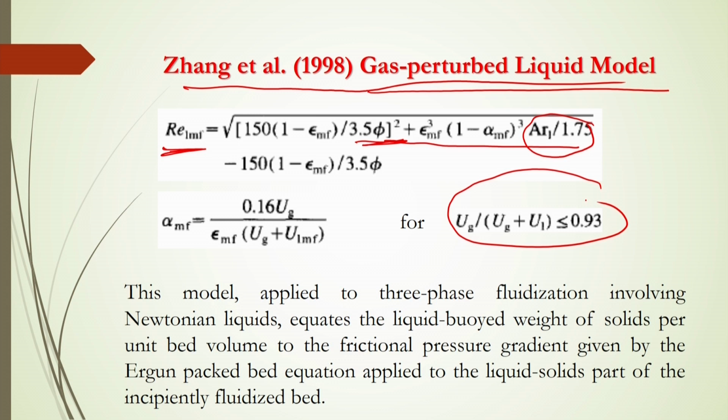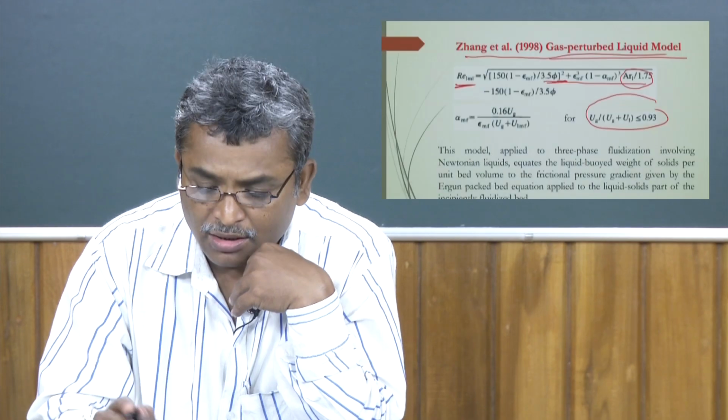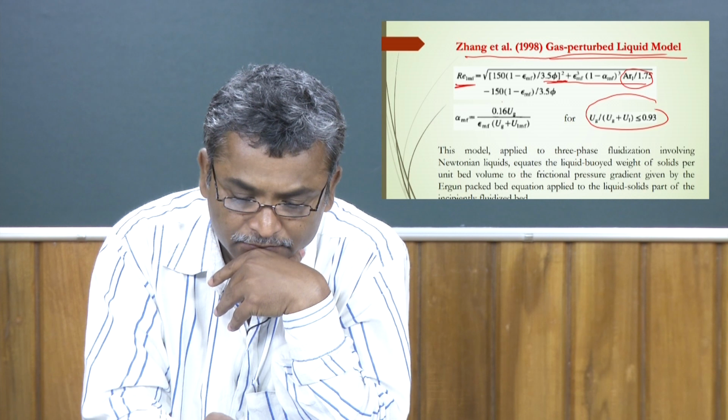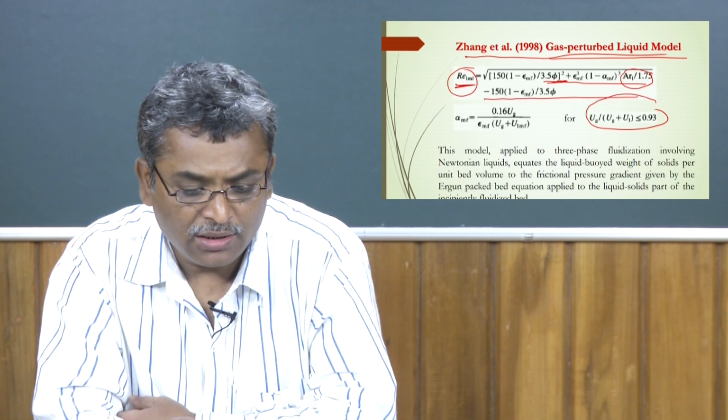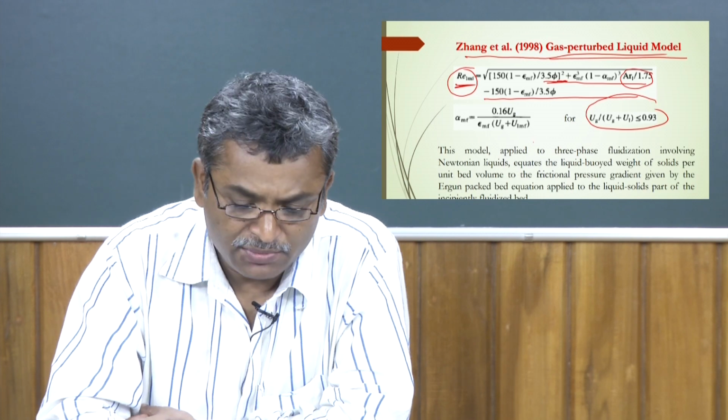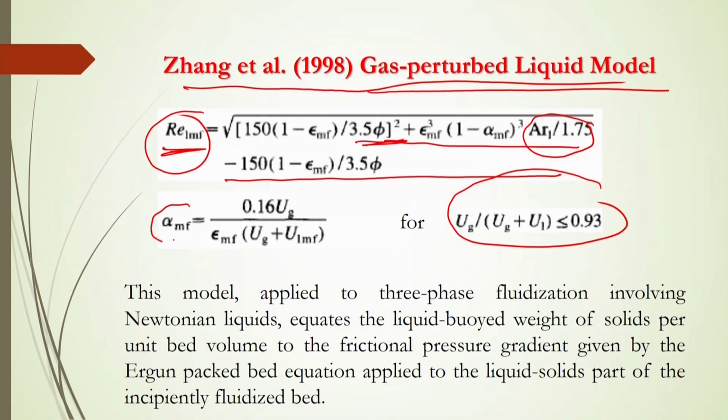So, instead of gas density they have considered here liquid density. So, from this equation you can calculate what should be the Reynolds number at this minimum condition, and this is a function of again the minimum voidage of gas which is a function of gas velocity and the minimum liquid velocity in this 3-phase fluidization system.